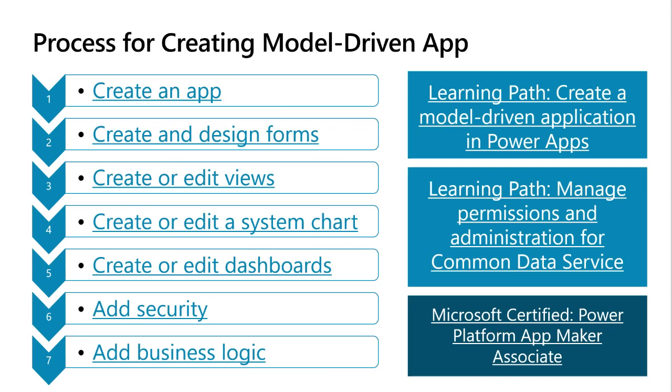The nice thing about this is that you can use your F&O data along with your CE data or any other data that you bring into your common data service and very quickly and easily create these charts. I won't be demonstrating this today, so if you want to learn more about how to create these types of charts and embed them back into a dashboard or into F&O, I encourage you to take a look at the link.